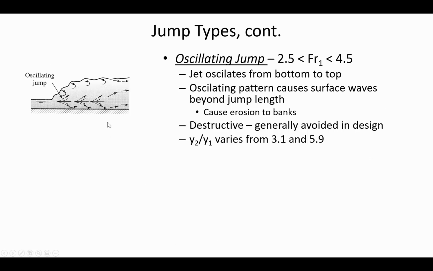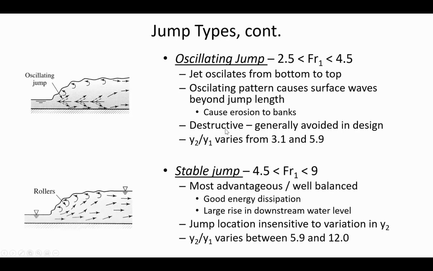An oscillating jump is considered maybe a little bit destructive, and it generally should be avoided if you're designing a hydraulic jump downstream of a spillway, because the flow patterns cause the water to go downward and interact with the bottom of the channel. And so they're considered destructive. But the sweet spot for dissipating a lot of energy but not having flow vectors that are going down towards the channel would be a stable jump, which is upstream Froude numbers between 4.5 and 9.